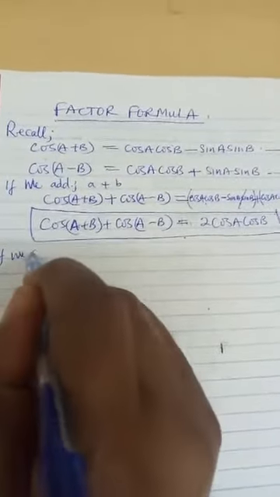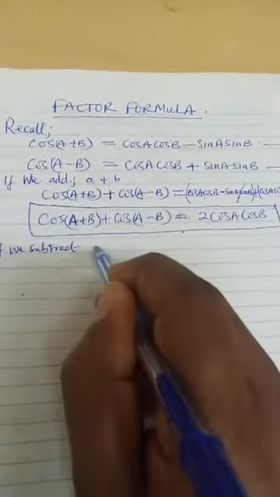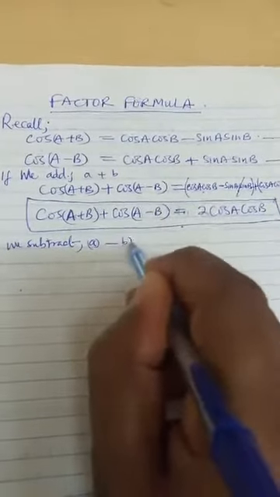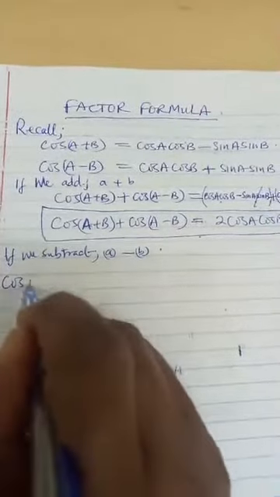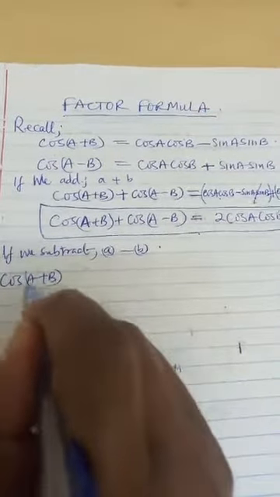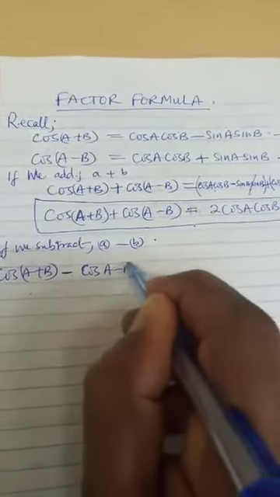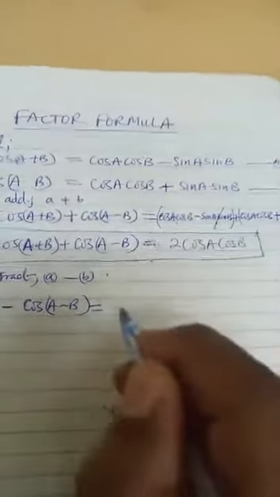If we subtract A minus B, what do we get? We get cos of A plus B, and we are taking away now cos of A minus B. What do we get? I repeat by writing everything here.